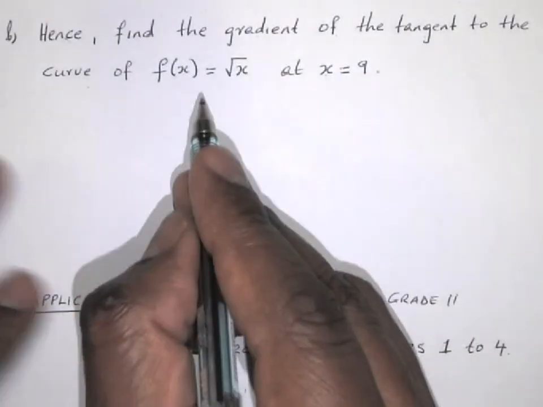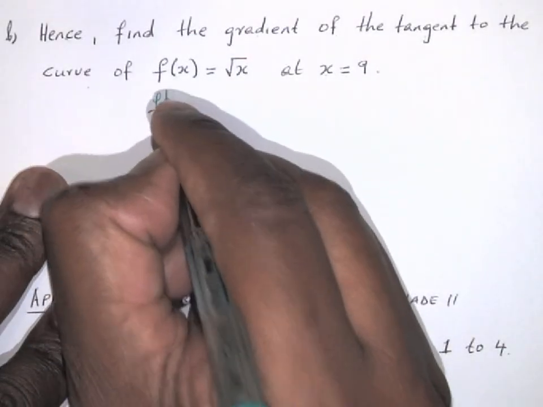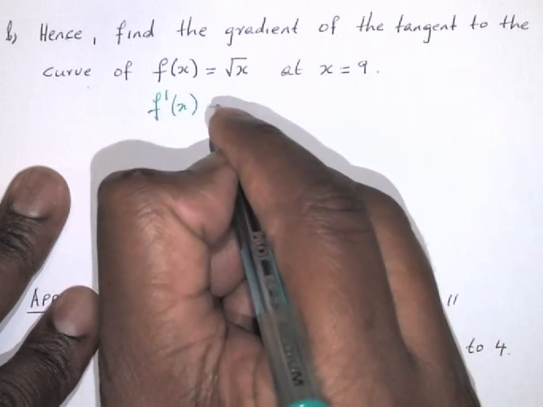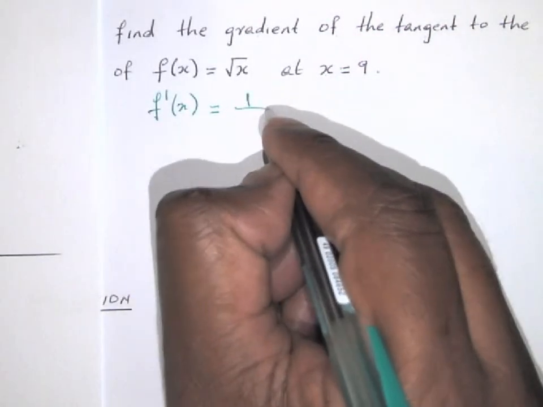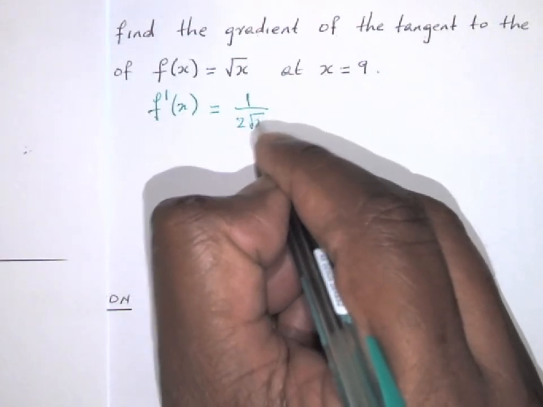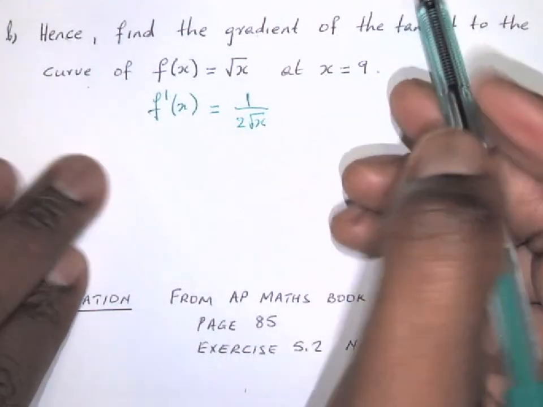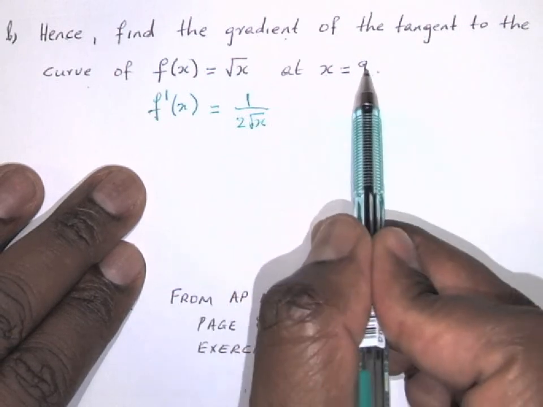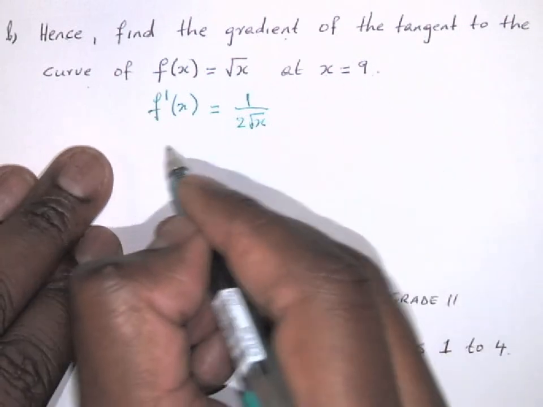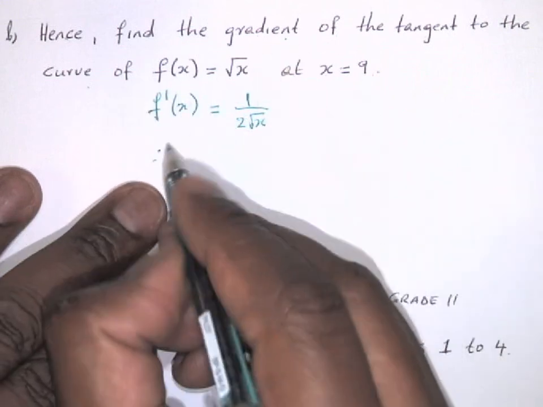So we know that f dash of x equals, in the previous example, 1 over 2 square root of x. So now they say, what will be the gradient when x is 9? So when x is 9, therefore I'll have my gradient.